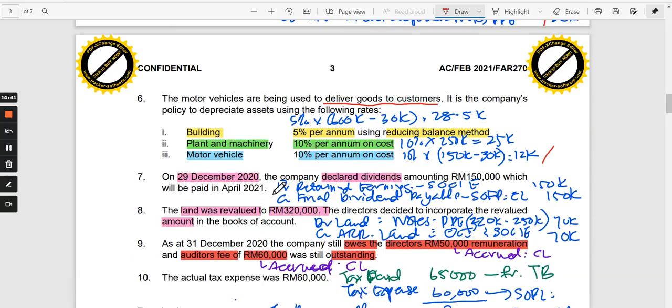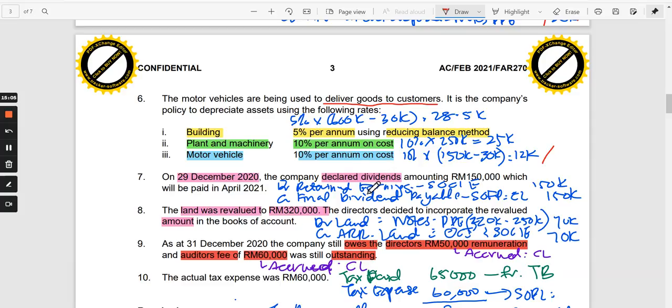Next, number 7. These are the dividends that will be declared. Dividends that are declared still within the reporting period. So if the dividend was declared within the reporting period, this is the end of the year. Remember, reporting date was 31st of December. This is going to be a dividend that you need to go and charge as a liability.